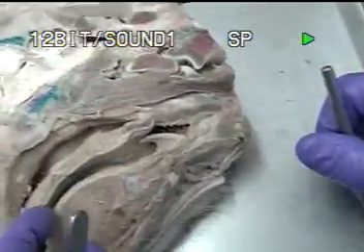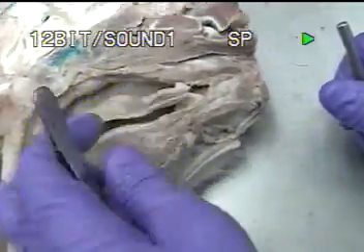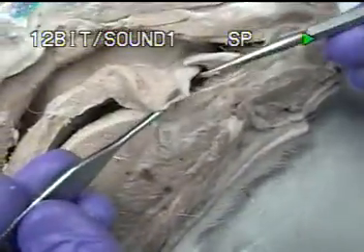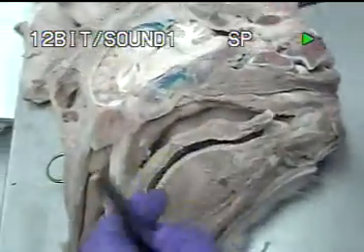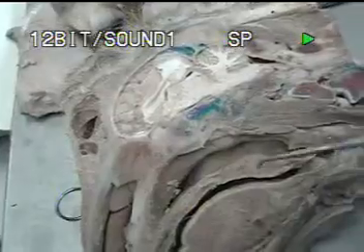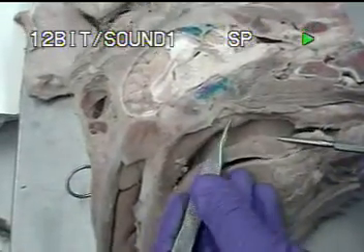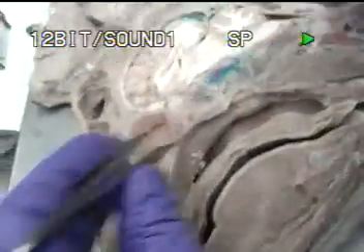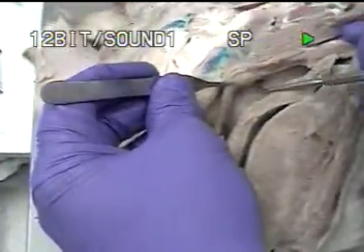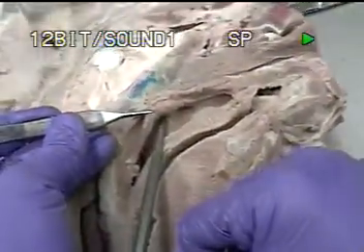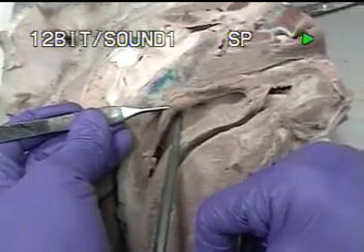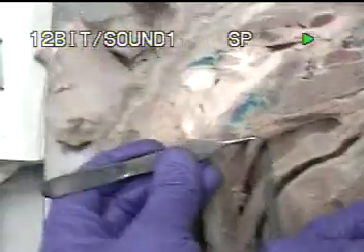Then the palatopharyngeal arch is running there. And then if we go up into the nasopharynx, we can see the pharyngeal tonsil right up there. And kind of in that area is where the opening of the auditory tube is, and there's some tonsillar tissue around that, sometimes called a tubal tonsil.